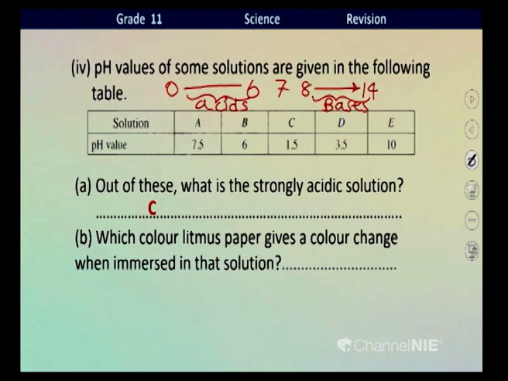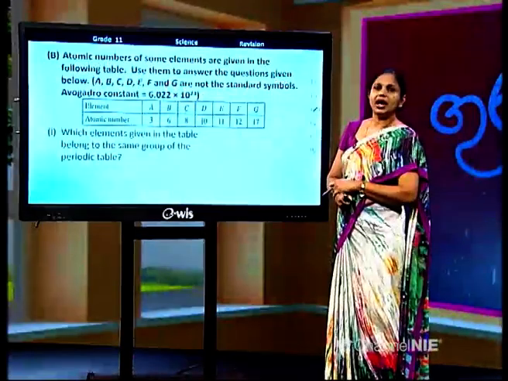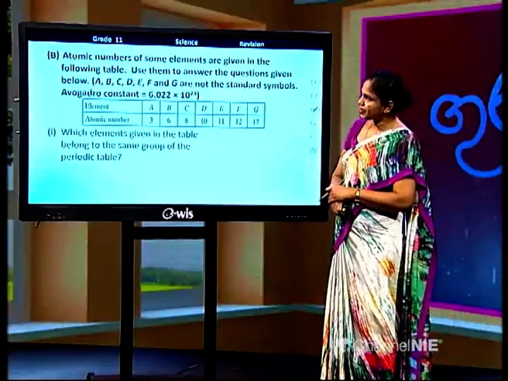The solution is acid, acidic solutions. In acids, blue color litmus papers change into red color. Therefore, which color of litmus papers change? Blue litmus.